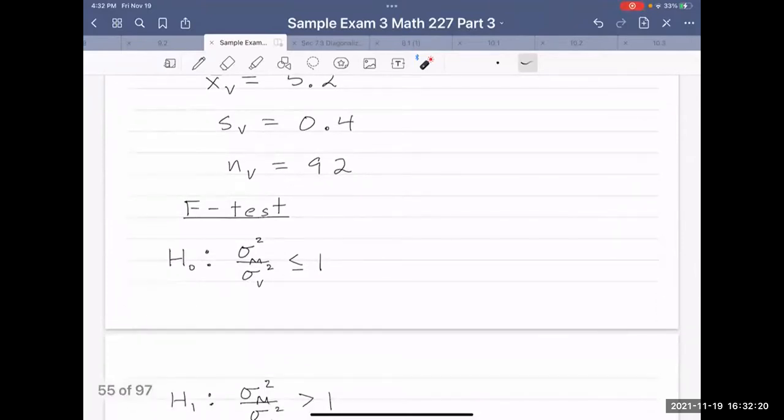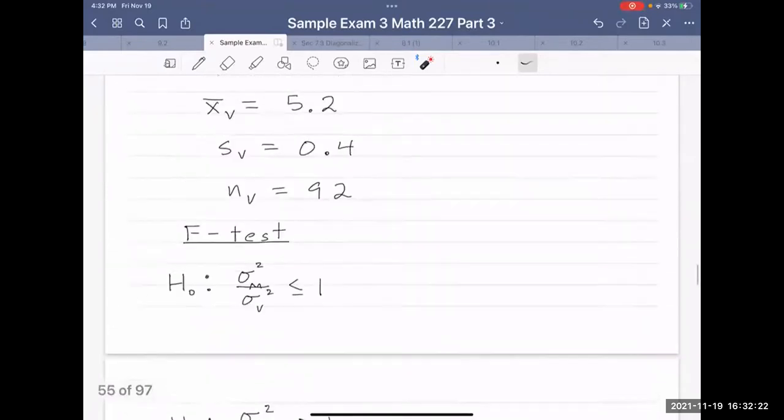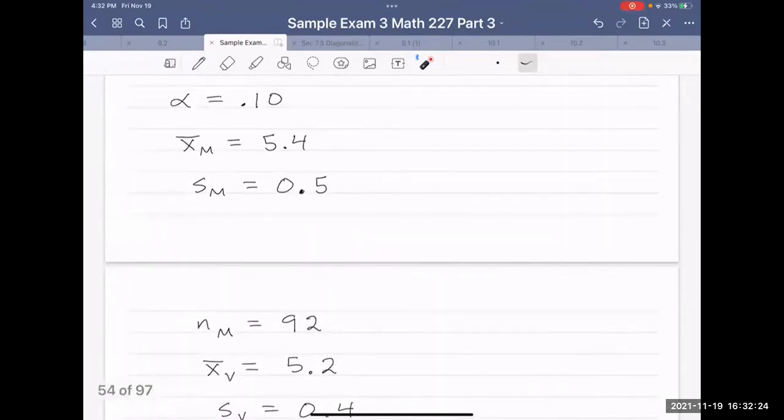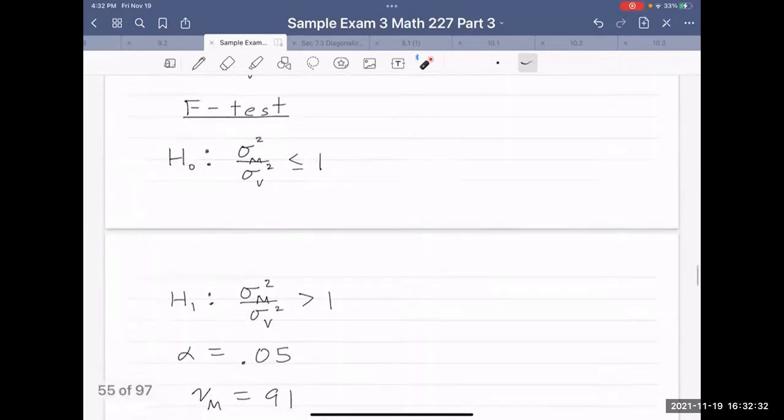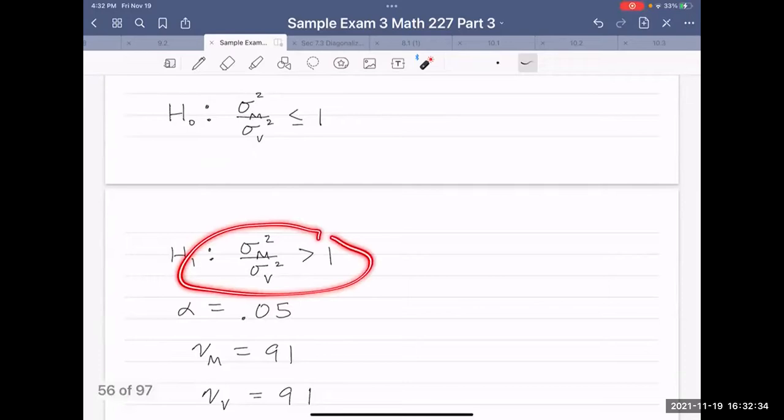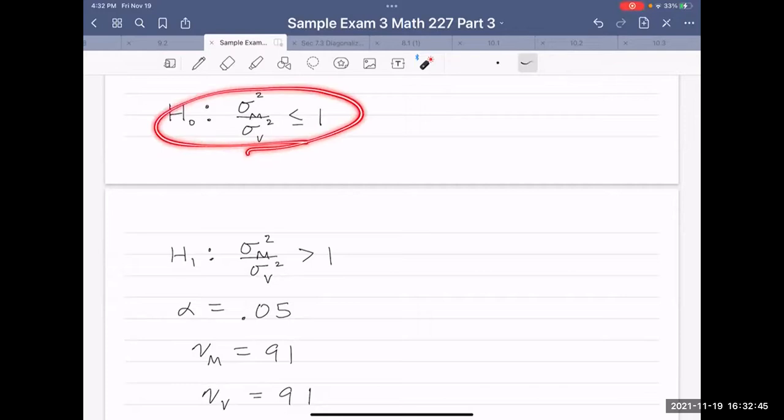We note here that the variance for Maryland is larger than the variance for Virginia. And so let's try to see if the population variance for Maryland is actually greater than the population variance for Virginia, or if they really were just a statistical fluke and they're actually still the same.